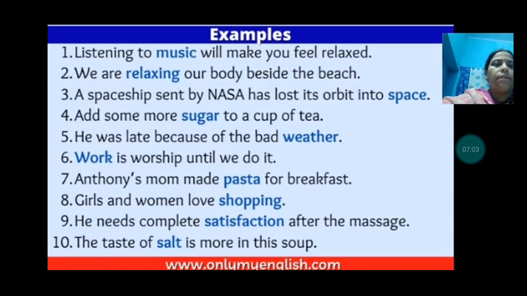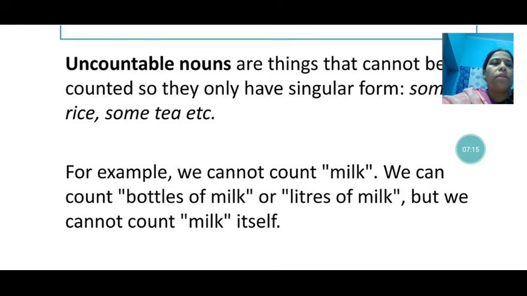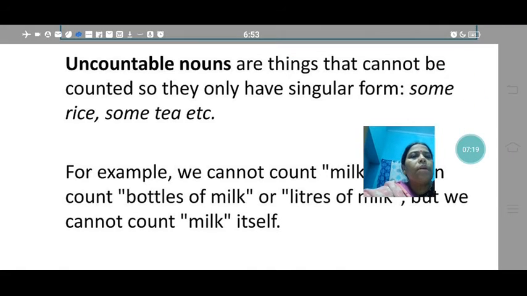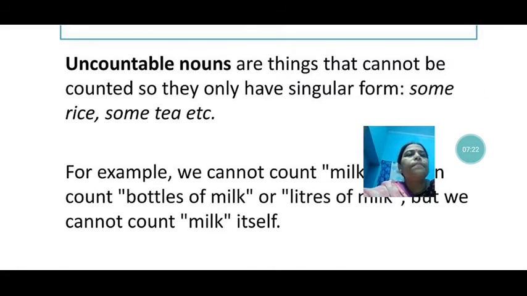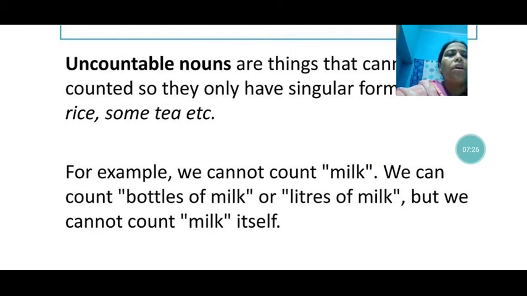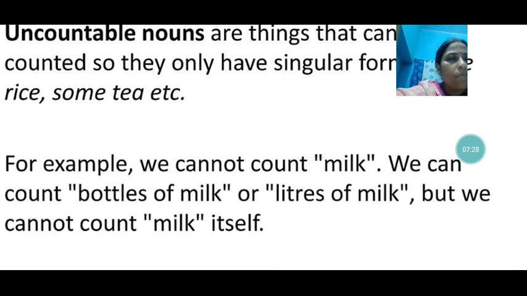So you can see the words which are highlighted, they can't be counted. Here see pasta also, shopping, satisfaction, then salt, work, these all can't be counted. So these are uncountable nouns. Let us see now. Uncountable nouns are things that cannot be counted, only they have singular form, some rice, some tea, etc. For example, we cannot count milk.